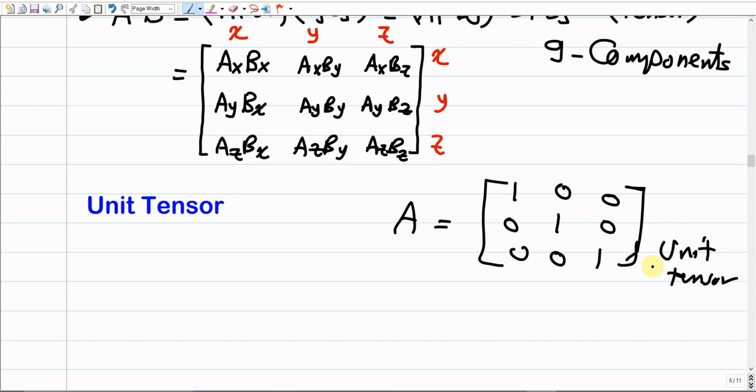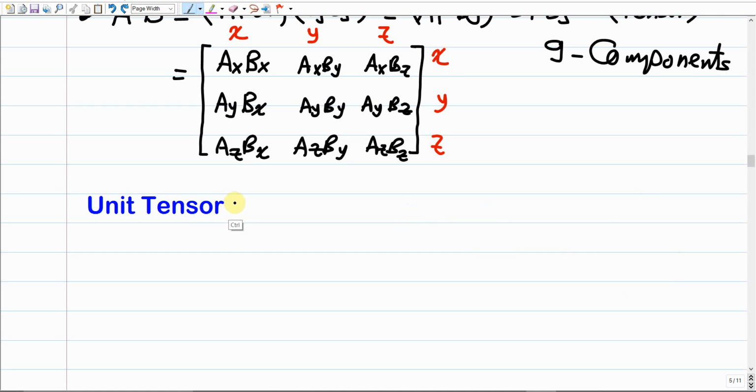Right? So how can we write this unit tensor in terms of tensor notation? We give it a symbol like I, or just delta. It doesn't matter what name we give it, but let us consider I or delta, which is the unit tensor.